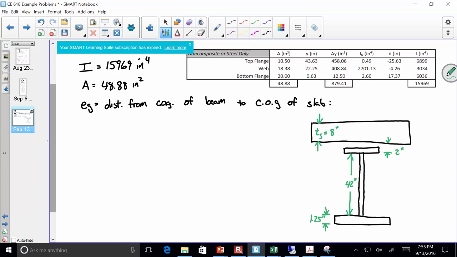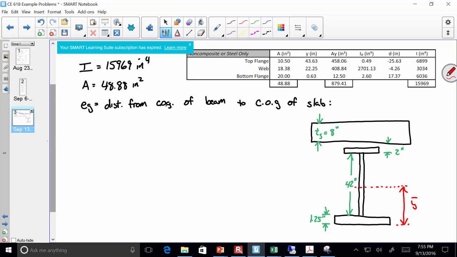Okay. Now, how do I determine Y bar? In other words, the center of gravity for the steel beam by itself. The steel beam by itself.